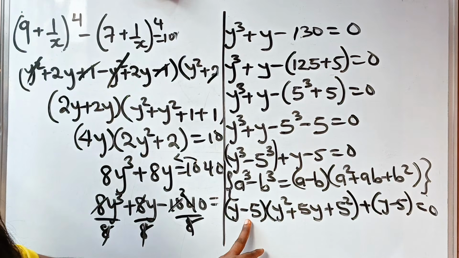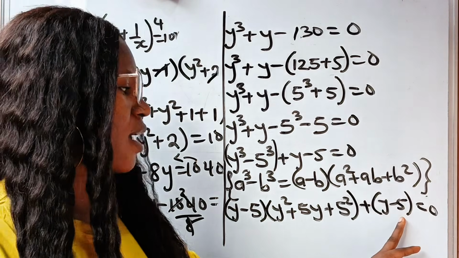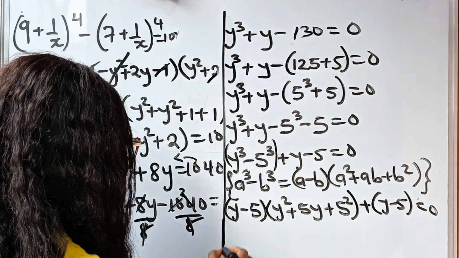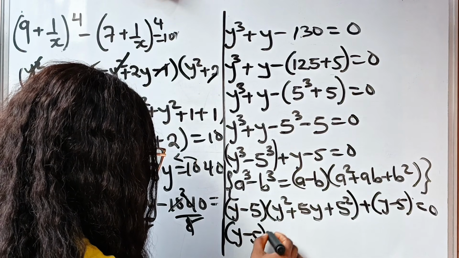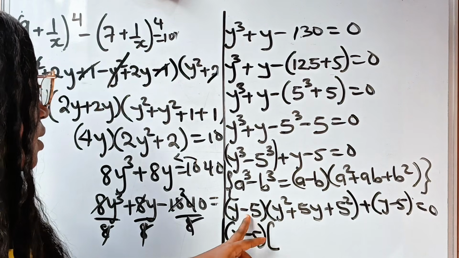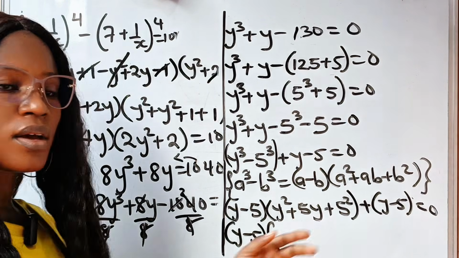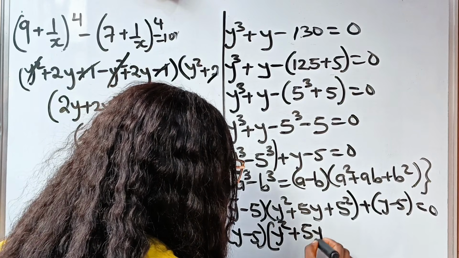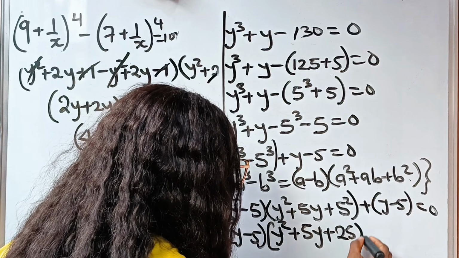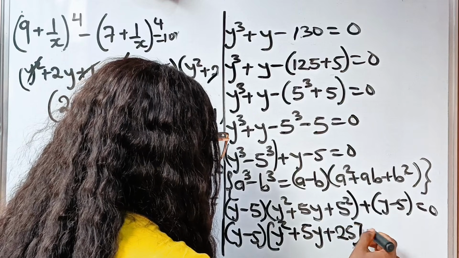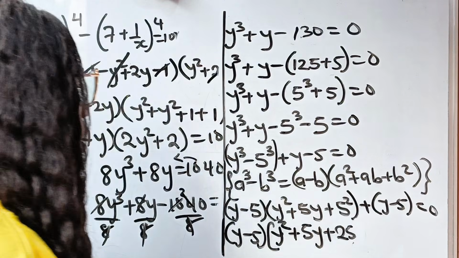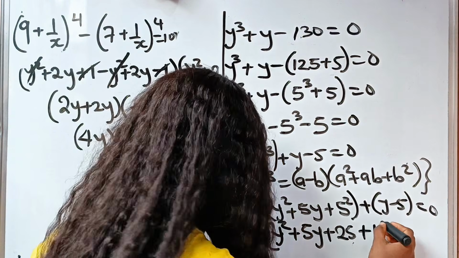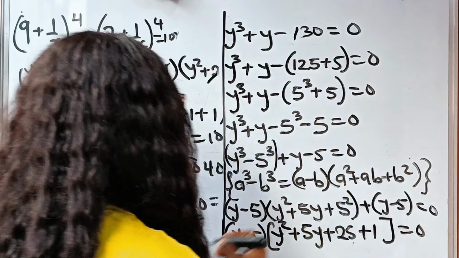So if you look at this, we have y minus 5 here and we have y minus 5 here. So we can factorize that out like this, y minus 5 into, now when this is divided by this, this will remain. So we have y squared plus 5y plus 5 squared is 25. Then no need of closing yet. When this is divided by itself, we have 1. So plus 1 is equal to 0.